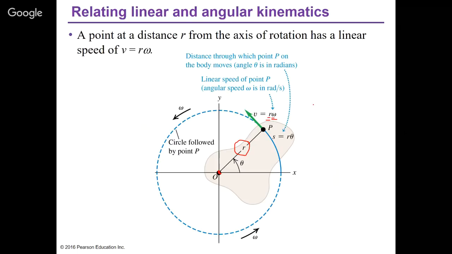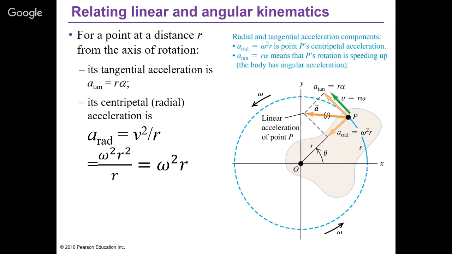Okay, so they have this multiplication relationship, right? r times omega. So that's basically how the linear and angular speed are actually related.